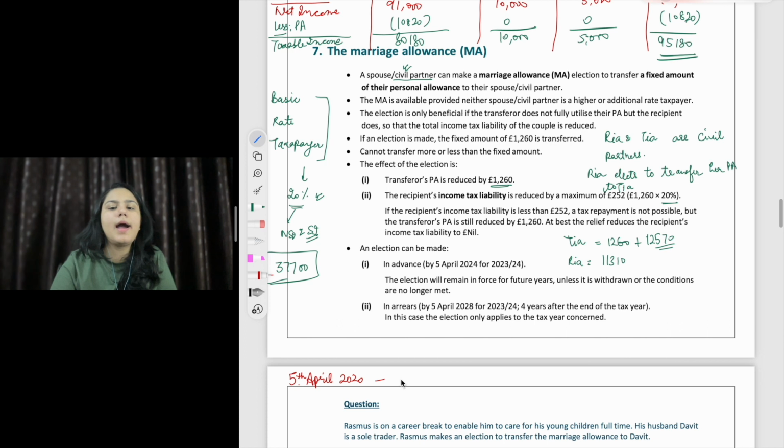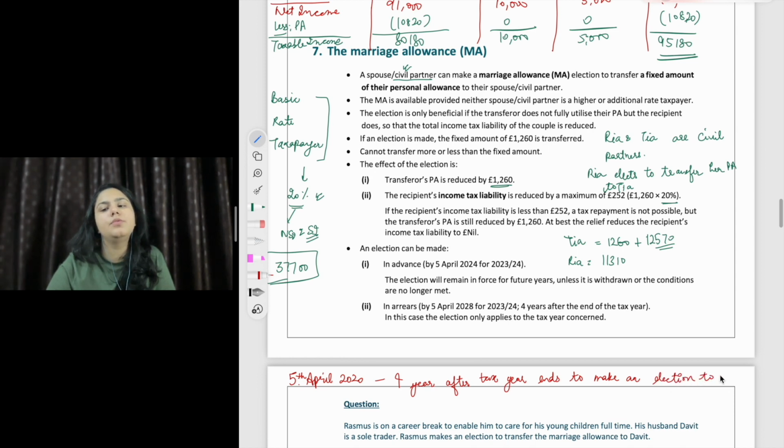I have 4 years after this tax year to make an election to utilize MA or to transfer PA for this year, just for this year, no year before this, no year in between, no year after, only for this year.